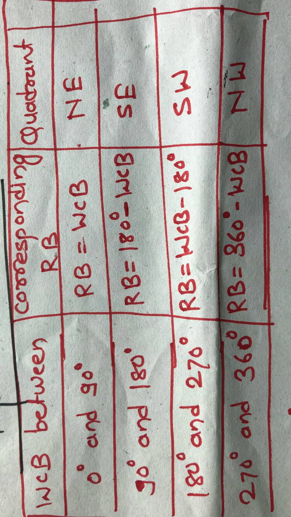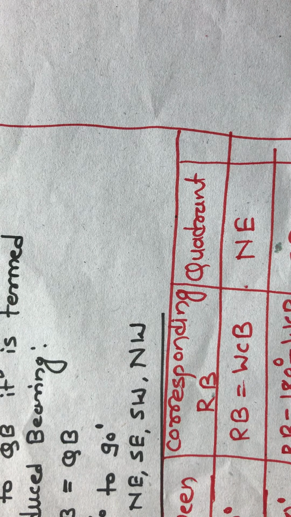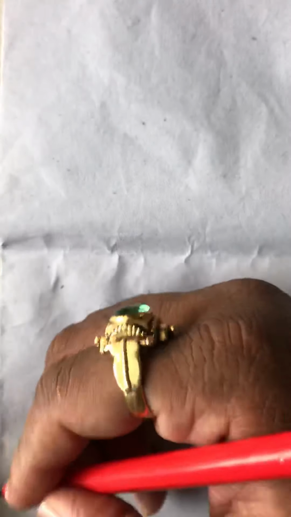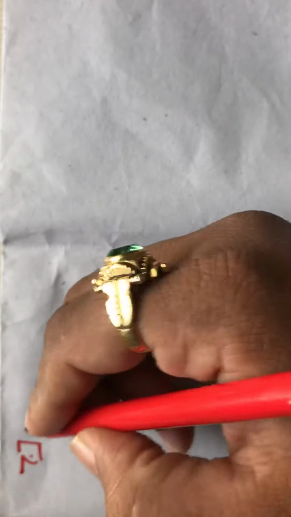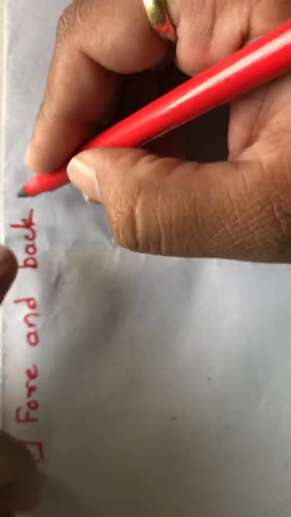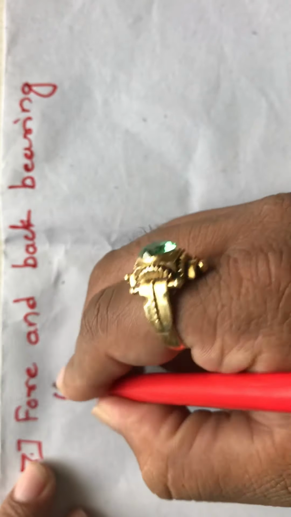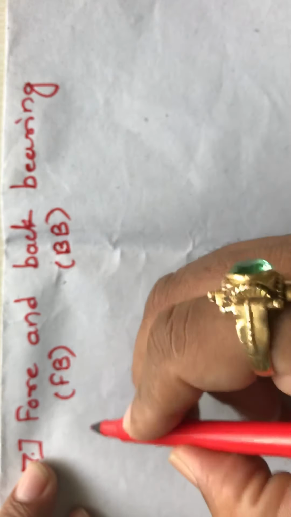Now we'll see the next one, that is fore and back bearing. The seventh definition: fore bearing and back bearing, also called FB and BB for short.